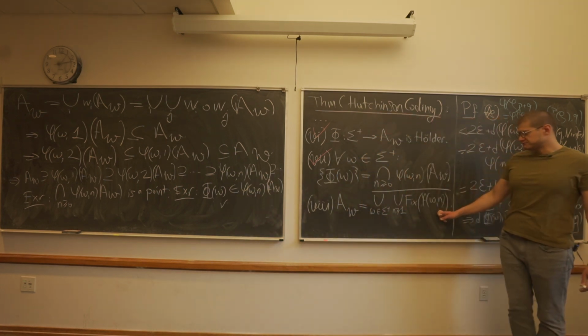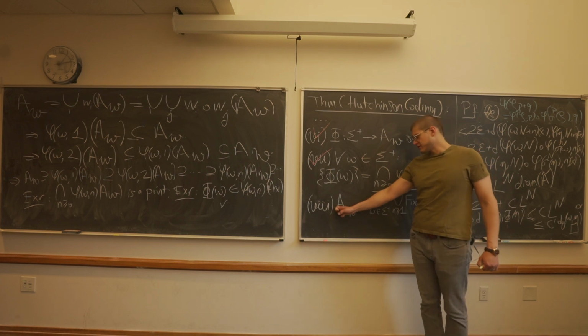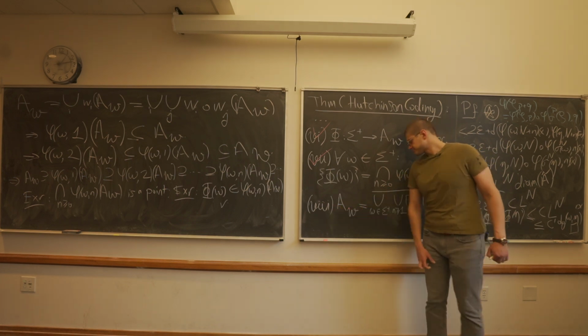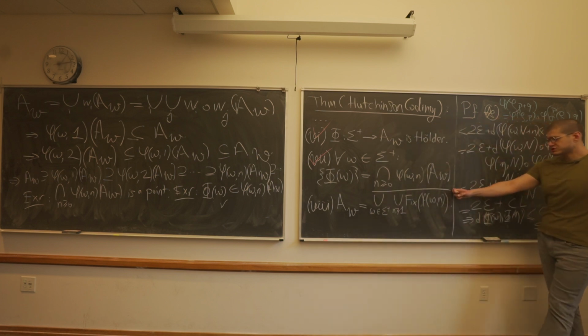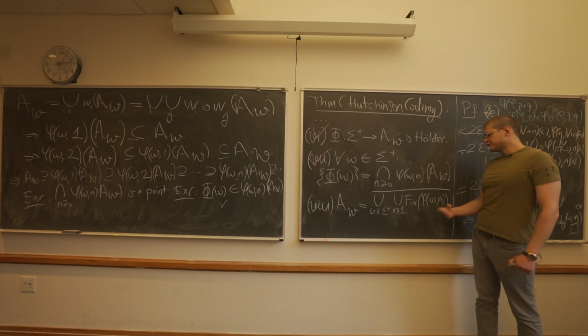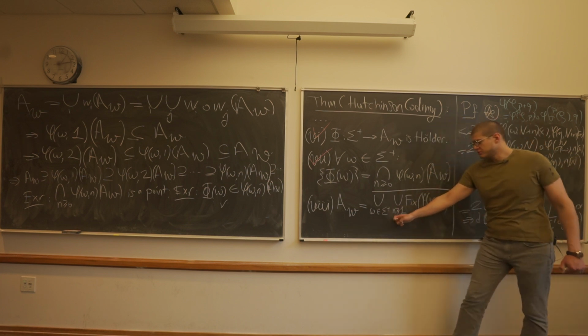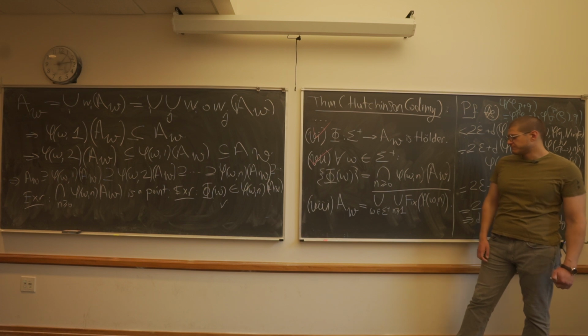Let's see what this says. The final item says the following. The unique attractor for the IFS W is the closure of all fixed points of all of these contractions. So I look at all sequences omega and all numbers n starting from 1.